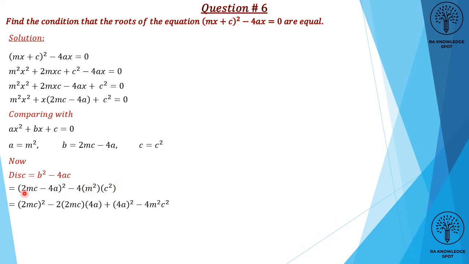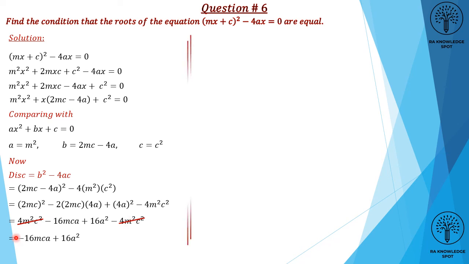Solving, again we have to open the formula (a minus b) whole square: 2mc square minus 2 first number, second number square, then 4mc square as it is, then 2 2s are 4mc square, and some more simplification, 4 4s are 16, 4 4s are 16, again cancellation. You can see it is the same as the previous question, following the same rule.